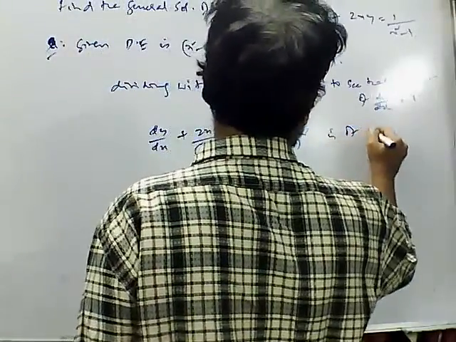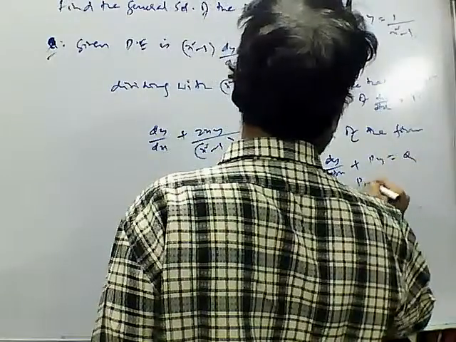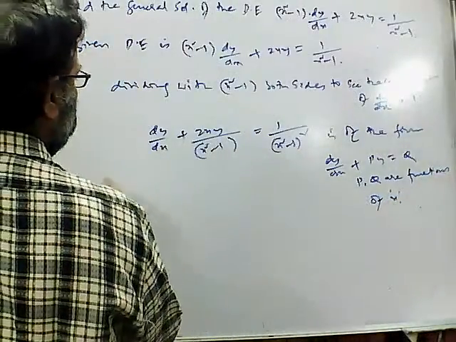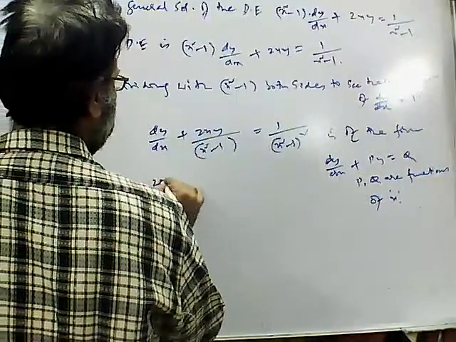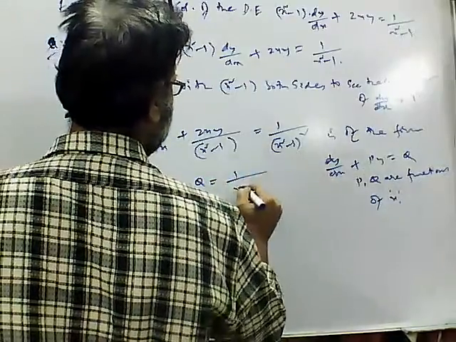These are of the form dy by dx plus py is equal to q, where p and q are functions of x. Therefore, p is equal to 2x by x square minus 1, q is equal to 1 by (x square minus 1) whole square.